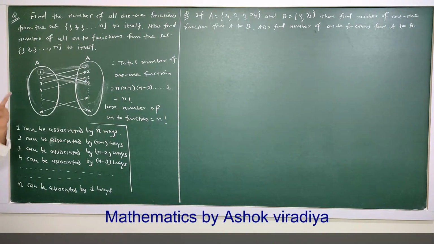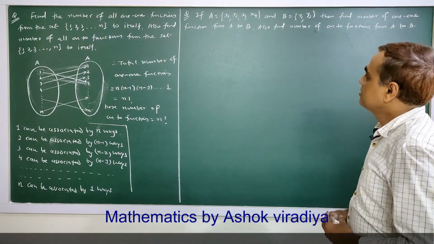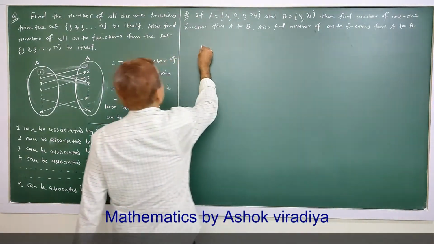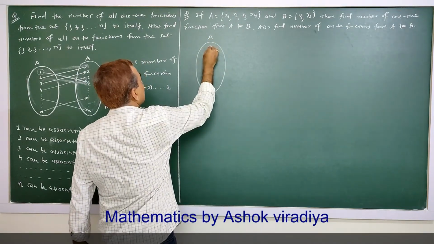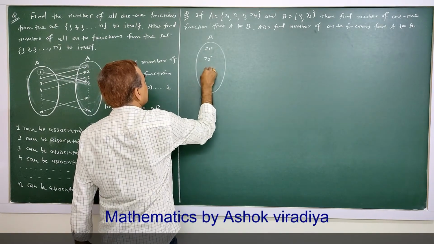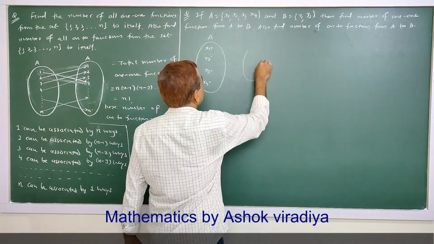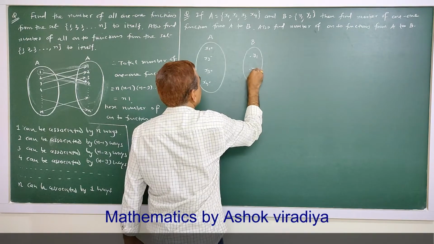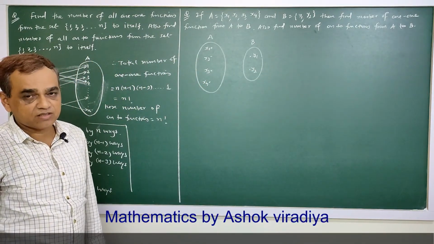Then see, in this question, set A has 4 elements. Suppose we are showing it in this diagram. Set B has 2 elements. Find 1-1 functions.